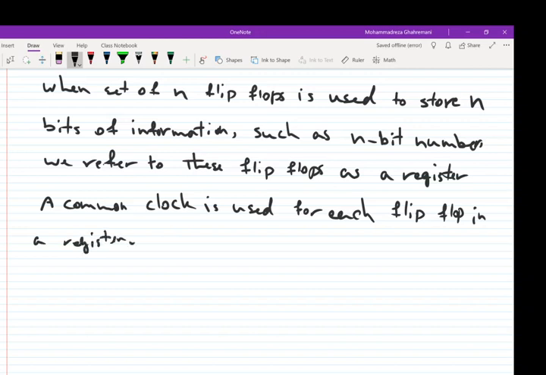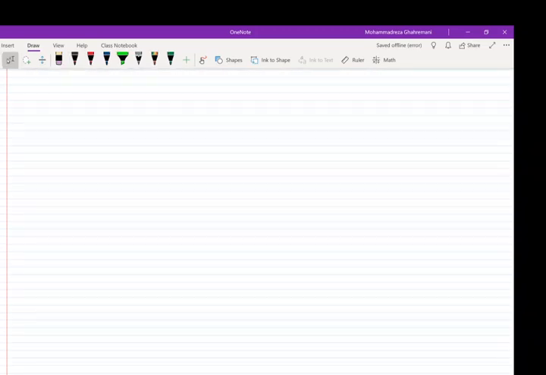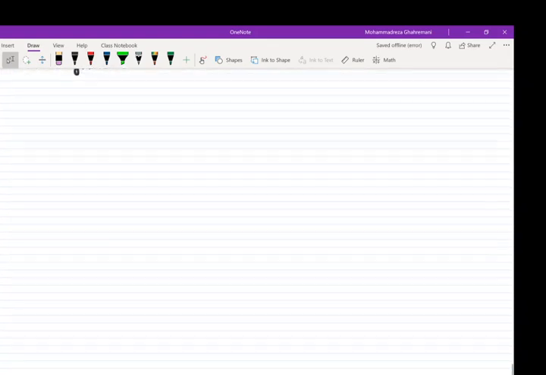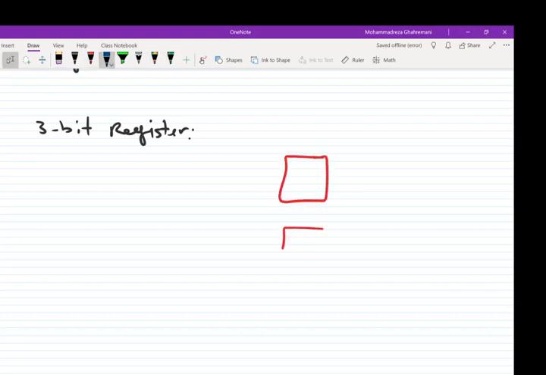So it says that if we have an n-bit register, a common clock signal is connected to all of those flip-flops. So here we want to show a 3-bit register. Okay, a 3-bit register consists of 3 D flip-flops.